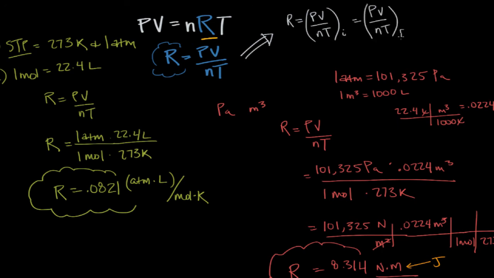This is true because PV over nT always equals R for any ideal gas. So what we're really saying here is that the initial PV over nT is equal to the final PV over nT, which opens up all sorts of neat predictive possibilities, say if we were to change one of the variables. And we're going to explore these possibilities in the next few videos.